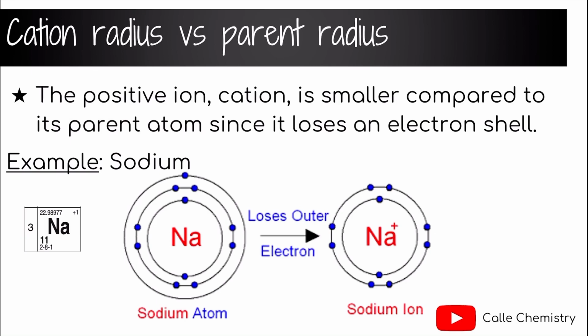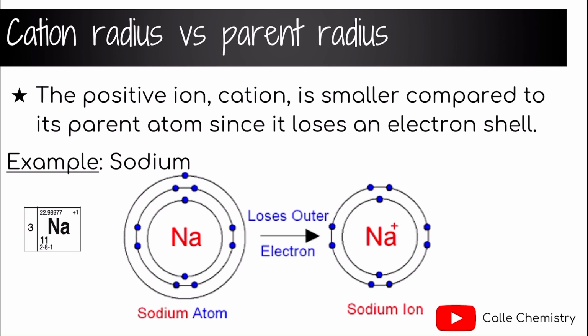Now, let's talk about the radius, the atom size and how it changes. So for a cation, if it's a positive ion, it's losing an electron, that means that it's getting smaller. So the positive ion, cation, is smaller compared to its parent atom since it loses an electron shell.